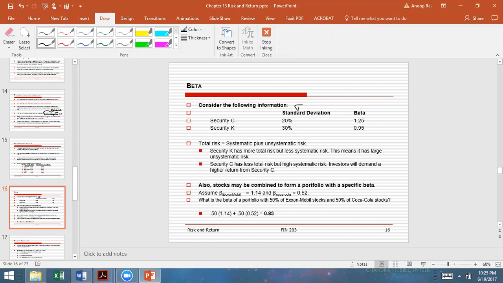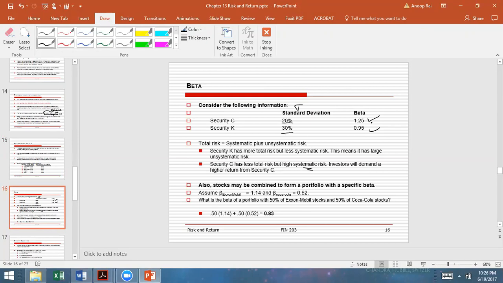So let's take two stocks. Let's say we take stock C, which has a 20% standard deviation, and a security K with 30%. Now that's total risk because it includes systematic plus unsystematic risk. But when we measure the beta, it turns out that security C actually has a higher beta than security K. Now how is that explainable? We explain it this way: security C has a lower standard deviation but a high systematic risk.